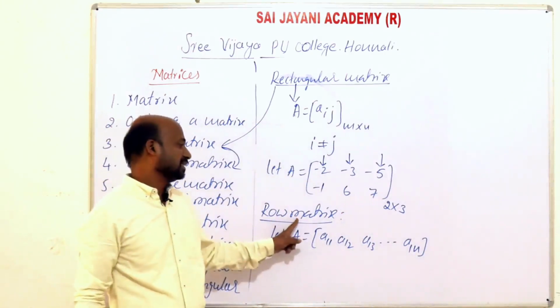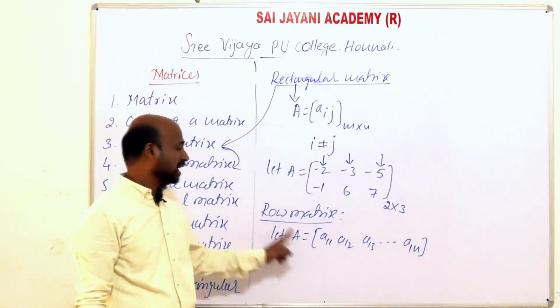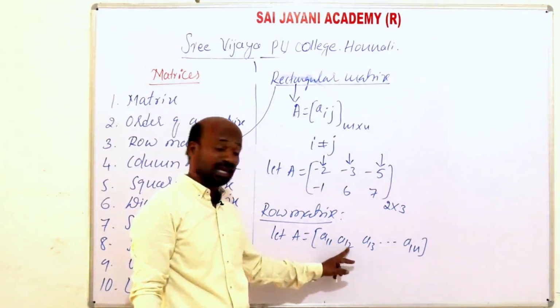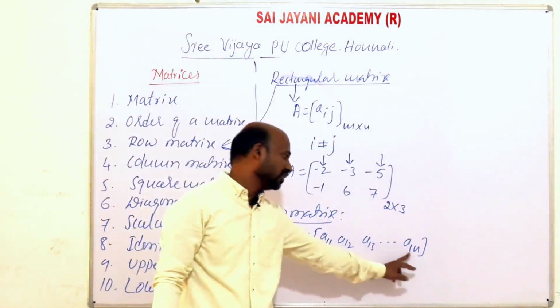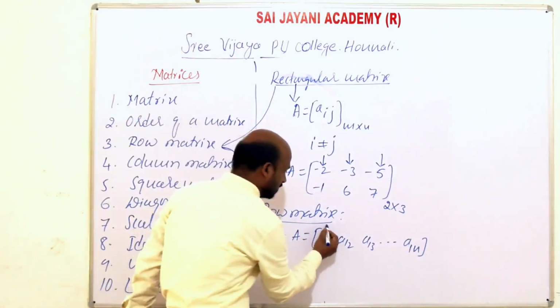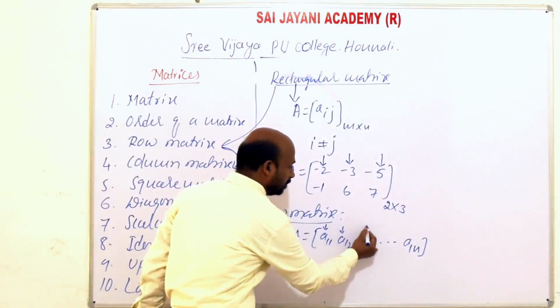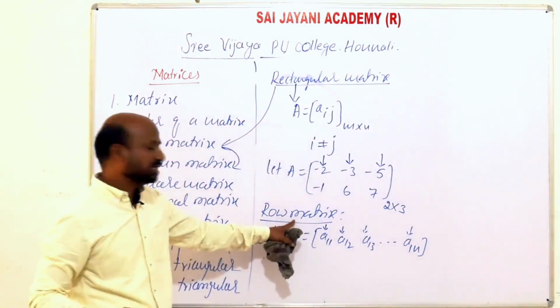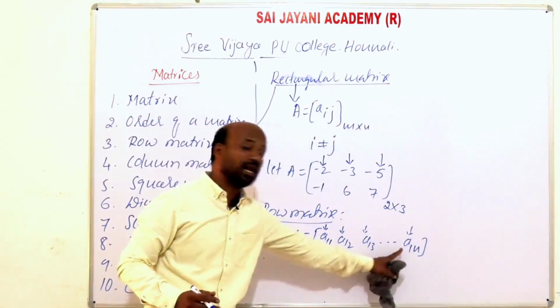A matrix is said to be a row matrix if it has only one row. See here: first row first element, first row second element, first row third element, and first row nth element, but it has n number of columns.